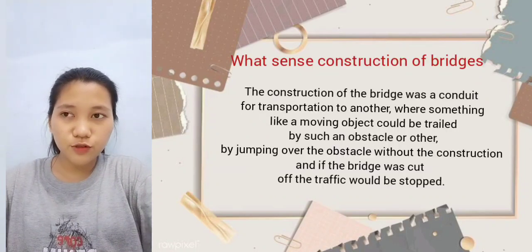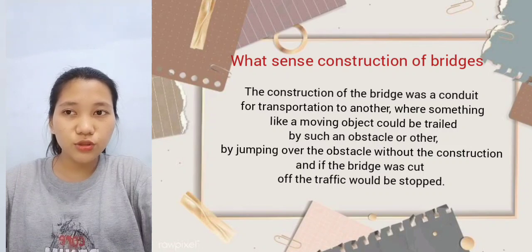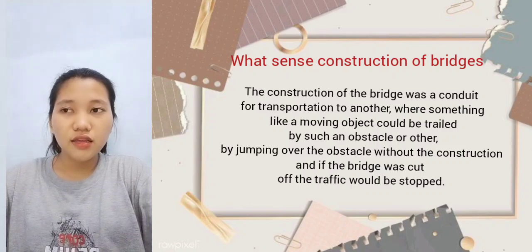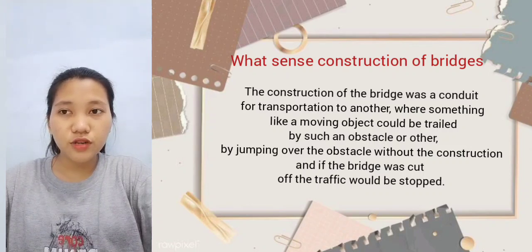And we have to know what the construction of bridges is. The construction of the bridge is a conduit for transportation from one place to another, where something like a moving object can travel past an obstacle.